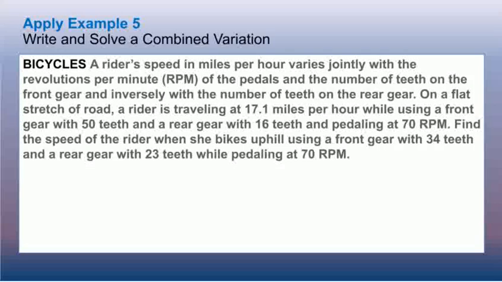70 RPM. So the rider's speed, I'm going to use S, varies jointly. That means there are multiple variables involved. So that's going to be our constant, with the revolutions per minute of the pedals.